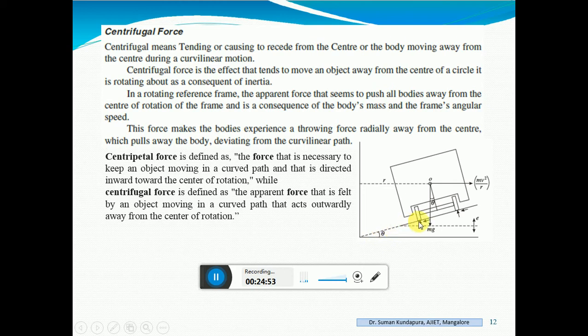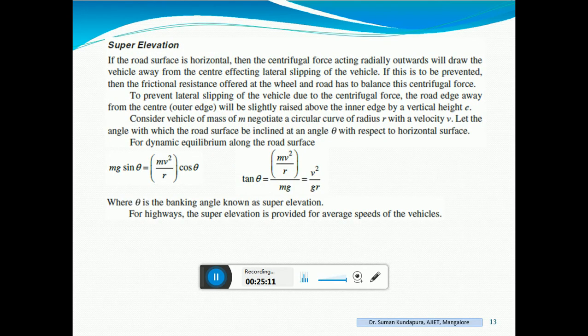If this elevation is not designed properly, when the road is curved, a slightly upward tilt will be there from the outer side of the road. If this tilt is not designed properly, usually in curved roads we will experience some accidents. So in order to prevent this lateral slipping of the vehicle due to centrifugal force, the road edge away from the center, that is the outer edge, will be slightly raised from the inner edge.